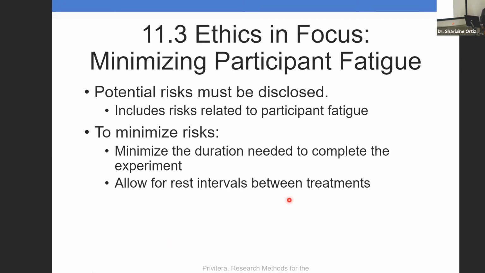Now, notice that part of your responsibility is to minimize participant fatigue. Why is that important? Well, the reason that's important is because with fatigue, there could be risk associated with your participation.